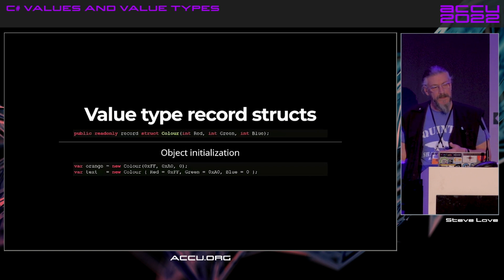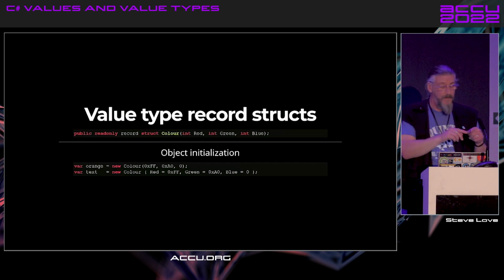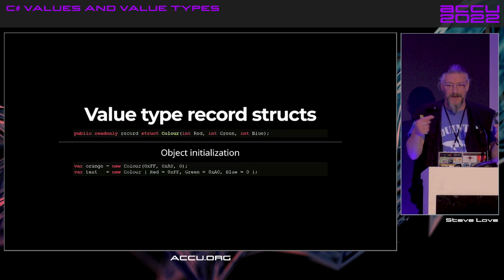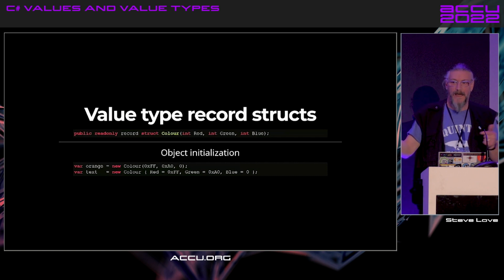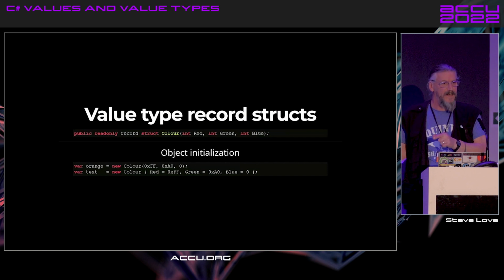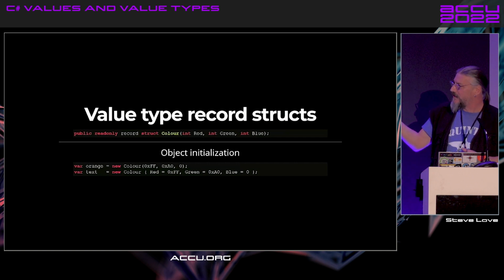But when Color was just a record, there is no default constructor, so that syntax would fail to compile. You have to call the constructor, assign values for all of the parameters for the constructor, and then the object initialization syntax is irrelevant because you might as well just use the constructor, as we do to initialize orange here.